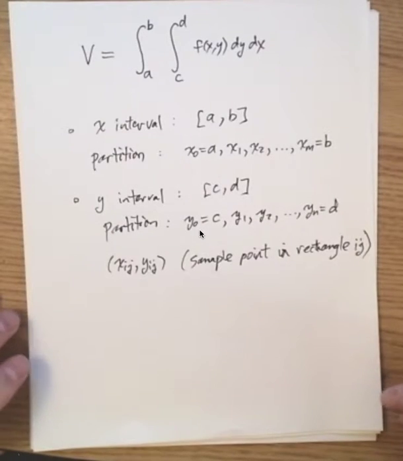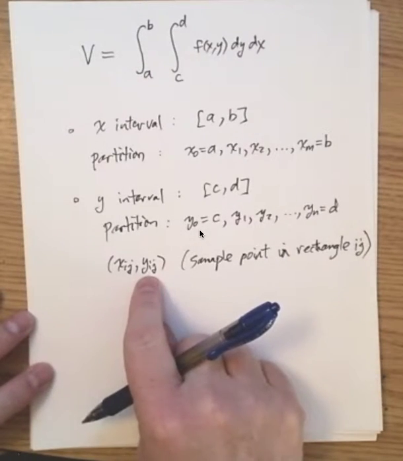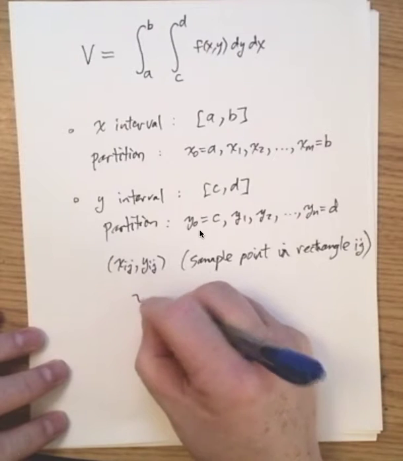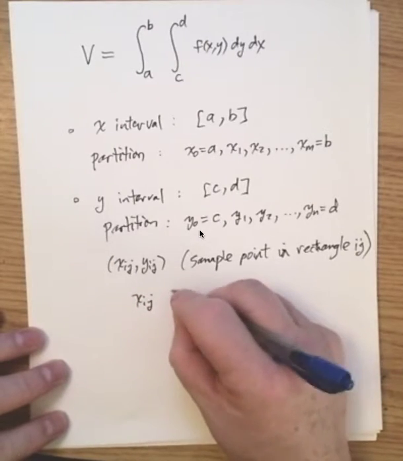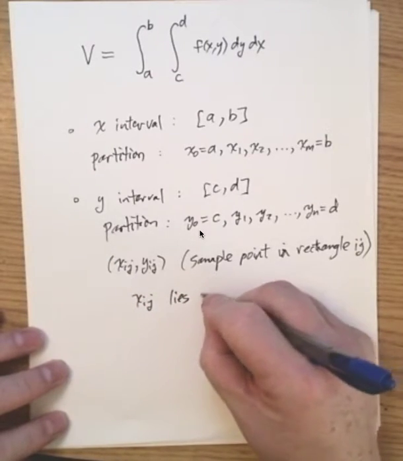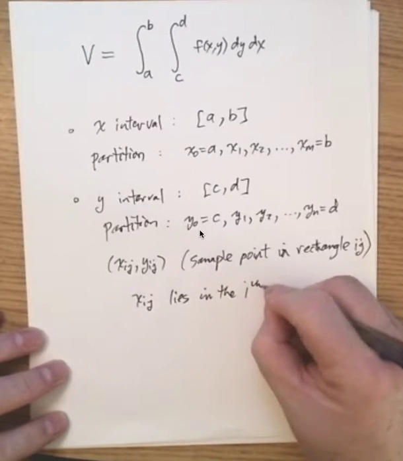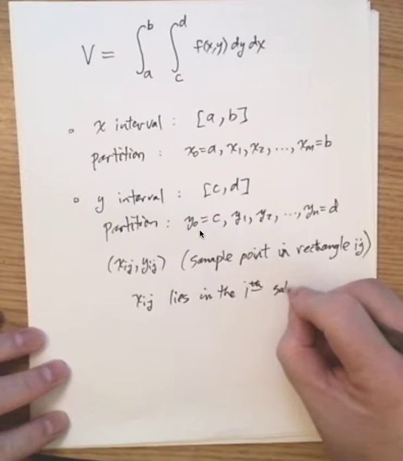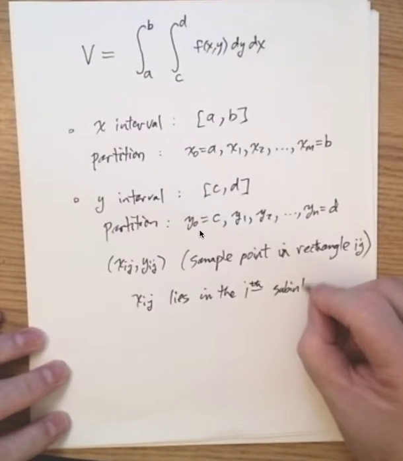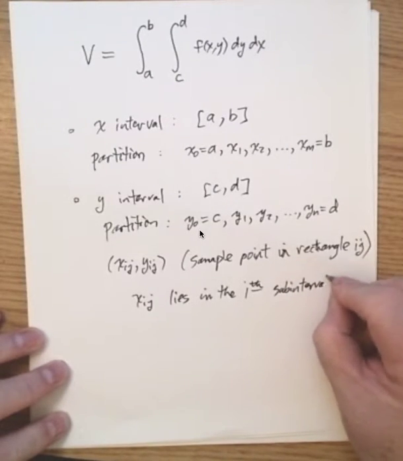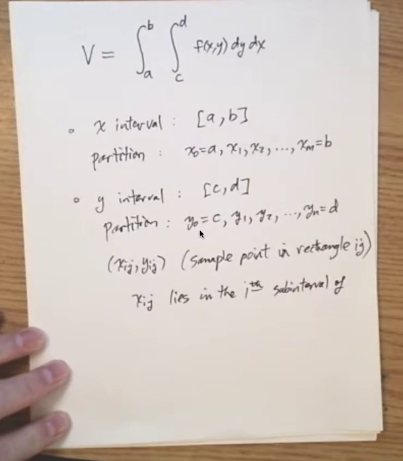What does this really mean? This is simply saying that x sub ij lies in the ith subinterval of the partition.